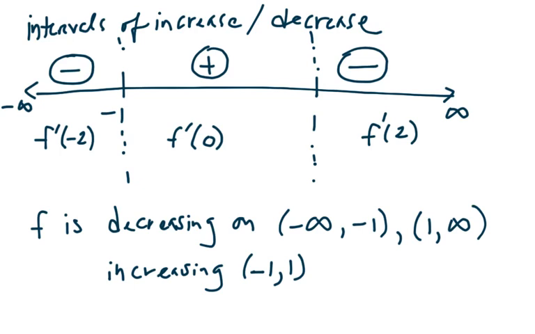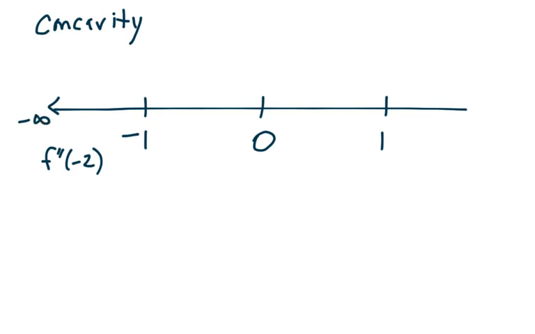Alright. Next I want to look at the concavity. So I'm going to look around the vertical asymptotes and around 0. So I'm going to test the concavity on the interval from minus infinity to minus 1. I'm going to look at the concavity from -1 to 0.